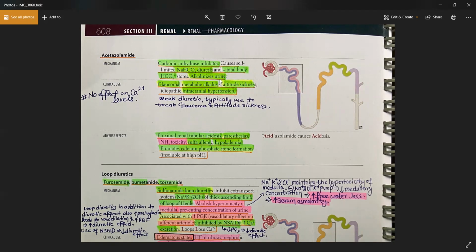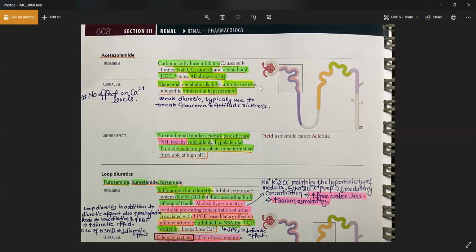So this drug could be used for metabolic alkalosis also. Because it is a diuretic agent, it will be used for glaucoma also. In order to form the aqueous humor, you also need the carbonic anhydrase there, right? So by inhibiting the carbonic anhydrase, I'm inhibiting the formation of my aqueous humor. So this drug can be used for glaucoma also.